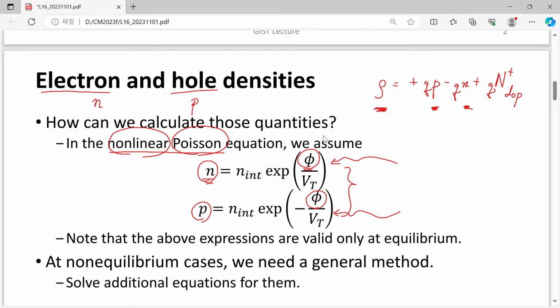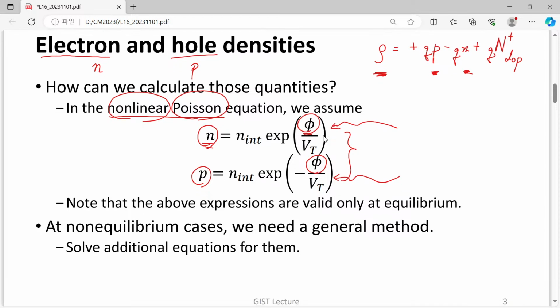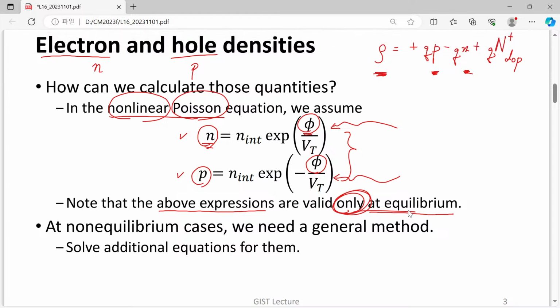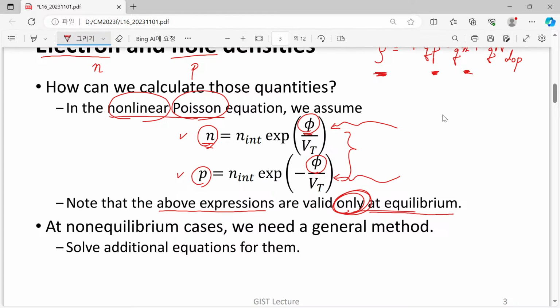However, please note that the above expressions for electron density and hole density are valid only at equilibrium. Only at equilibrium. So if we want to calculate the response of our system, called a device, at non-equilibrium cases, we need a general method. So what is it?